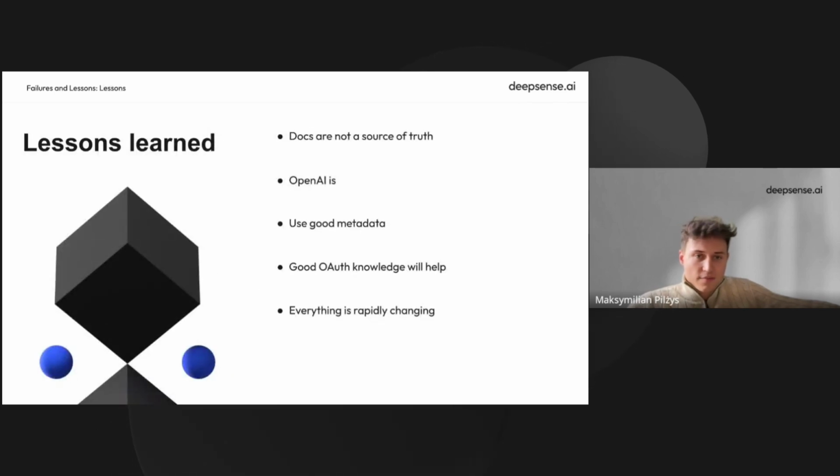So the lessons we've learned. First of all, docs are not a source of truth, especially in FastMCP, but I think it can be a rule in all very new, very rapidly changing technologies.